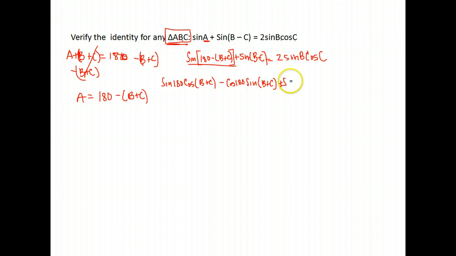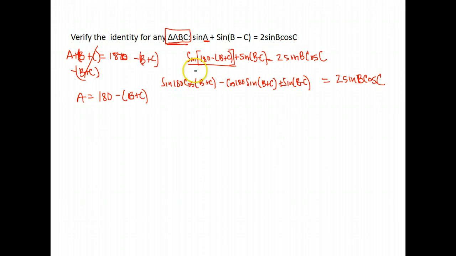So that is just this part expanded using our sums. Plus, we still have this sine B minus C on the end, and we're hoping it's equal to 2 sine B cosine C. From there let's simplify.